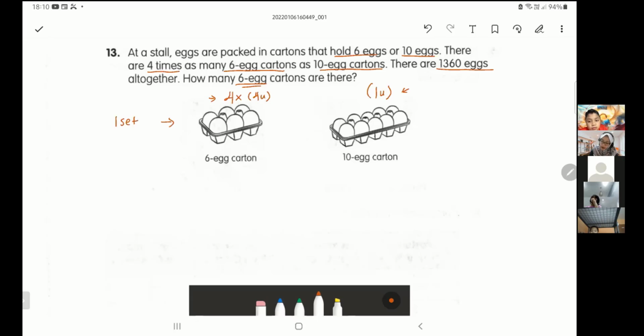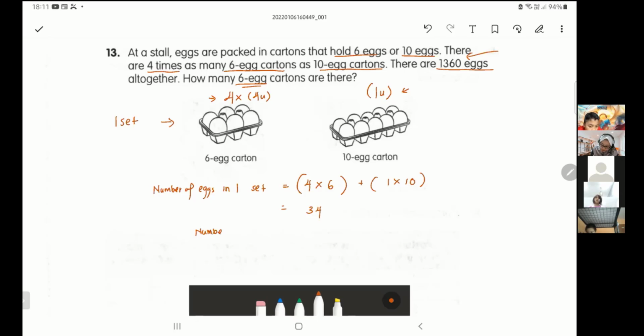So let's find the number of eggs in one set equal to. So you have 4 times of the 6 carton egg plus 1 time of the 10 carton egg, right? I have 34. I have a total of 1360 eggs. Now I want to find how many sets or how many group.